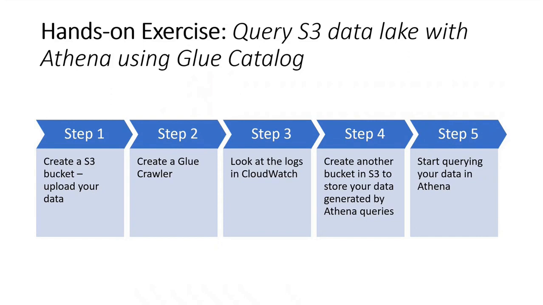Then we will look at the logs in CloudWatch. Step four would be to create another bucket in S3 to store the data generated by your Athena queries. And step five is the last step, where we will start querying the data in Athena which is there in the data lake. So let me open the AWS management console.